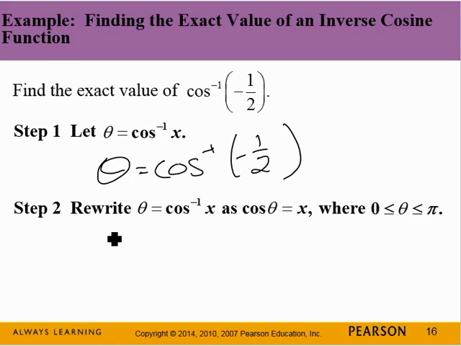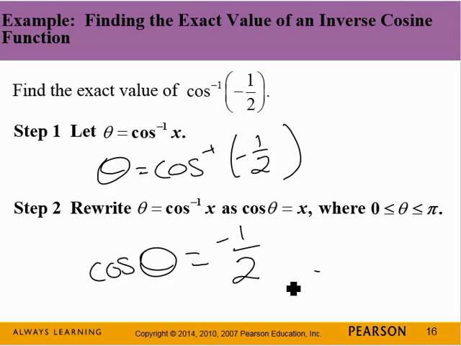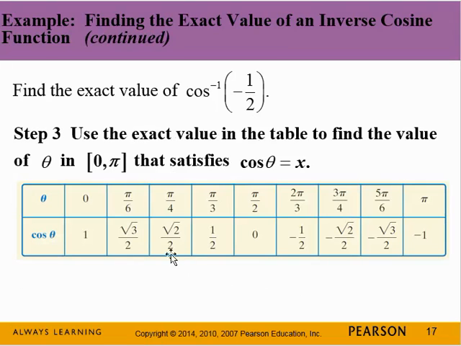We want to rewrite that, so you have cosine theta equals negative 1/2. You find where it says negative 1/2, and that's going to give you 2 pi over 3. And that's your answer.